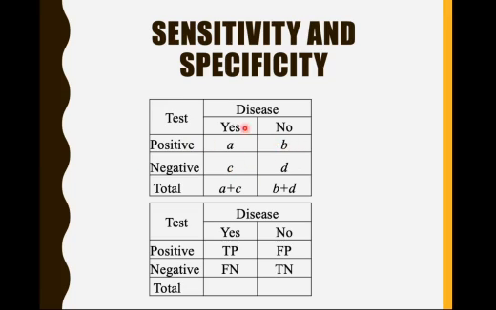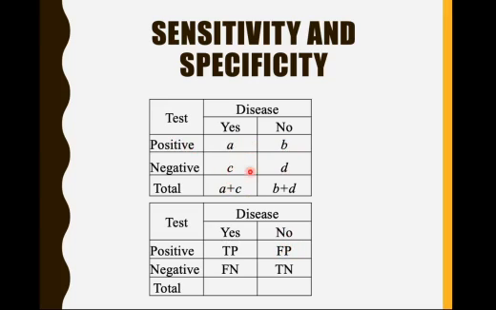The columns represent the disease, and the rows represent the result of the test. So A are people who have the disease and they test positive. So we call them the true positive. Okay. B are people who don't have the disease and they test positive. So we call them false positive.